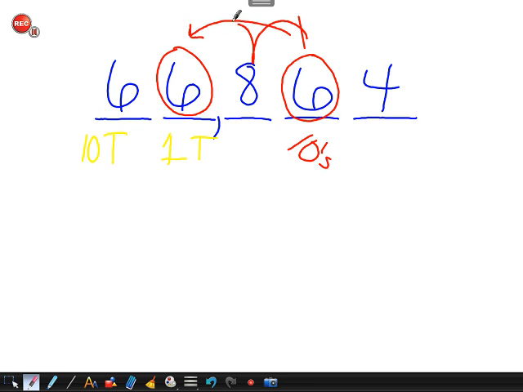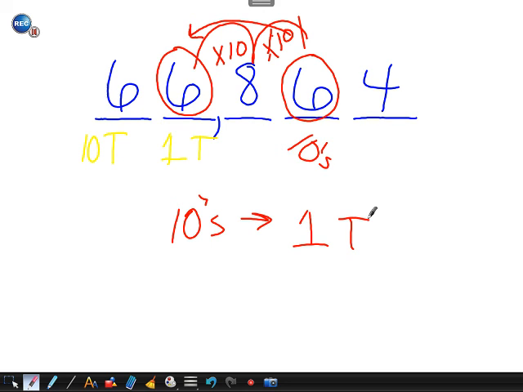It's 1 jump and 2 jumps away. So this is times 10, and this is times 10. And we know 10 times 10 is 100. So if I go from the 10's place to the 1,000's place, it's 2 jumps, 2 moves, so that is a times 100 move.